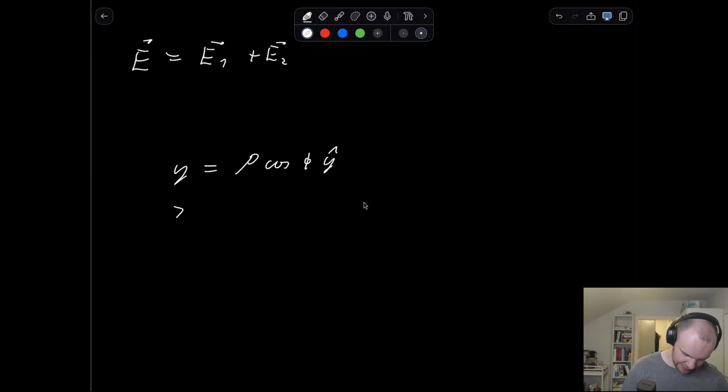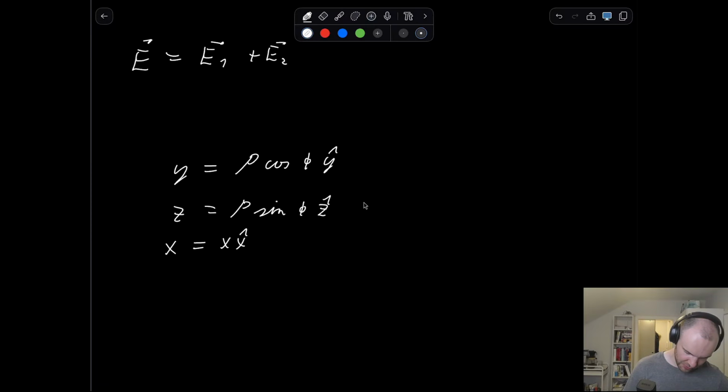Then what you have is z, which is just of course rho sine of phi, in the z-hat direction. Now x acts as z, which is just that x is equal to x times x hat.